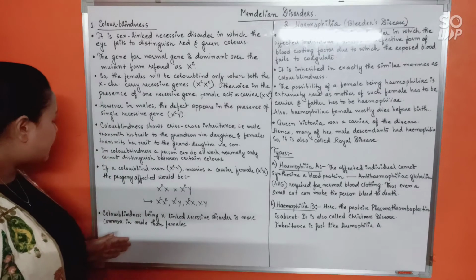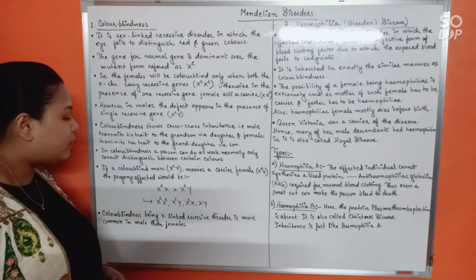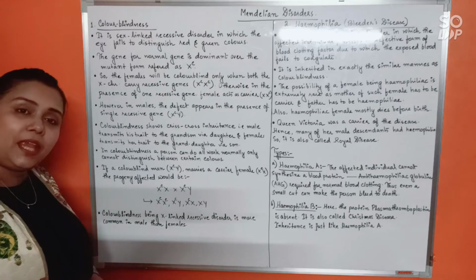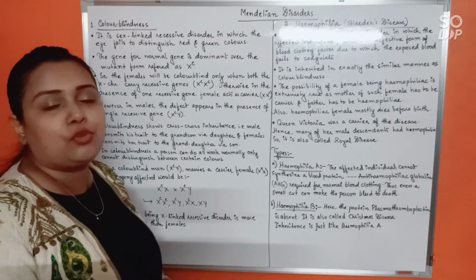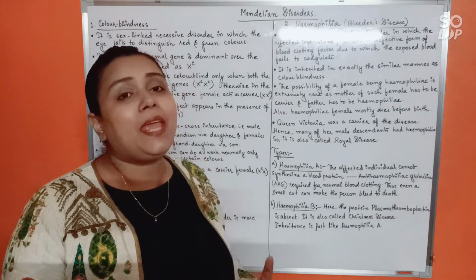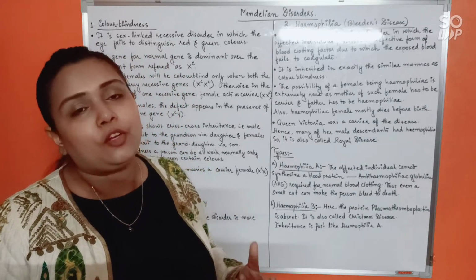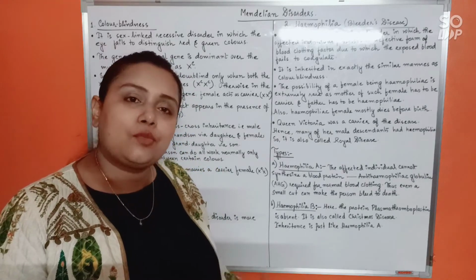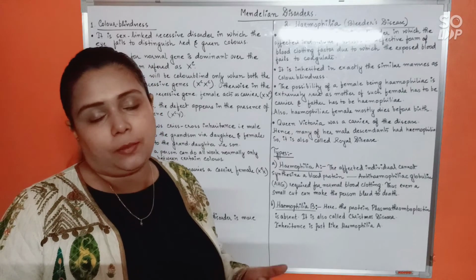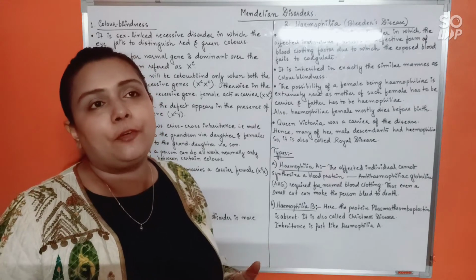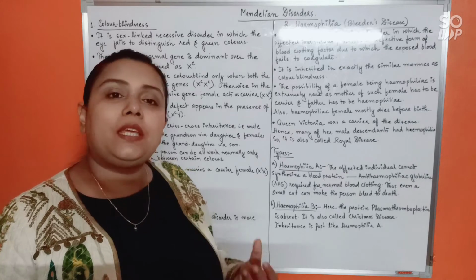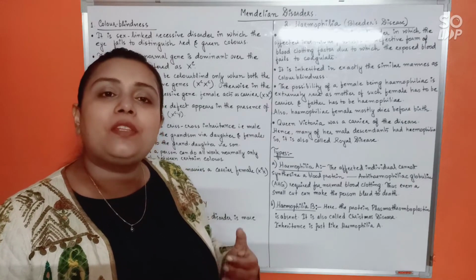Alright, so the last thing is that color blindness, being an X-linked recessive disorder, is more common in the males than in the female. After all, due to crisscross inheritance, and because the males possess only one copy of the X chromosome, the male does not have any opportunity to behave as a carrier. They would be directly affected.